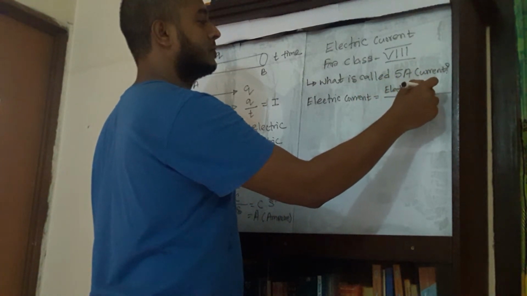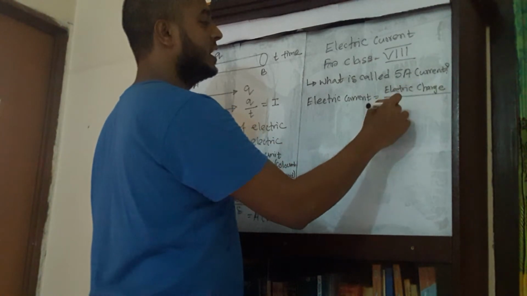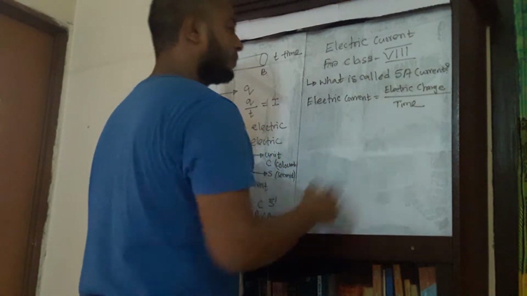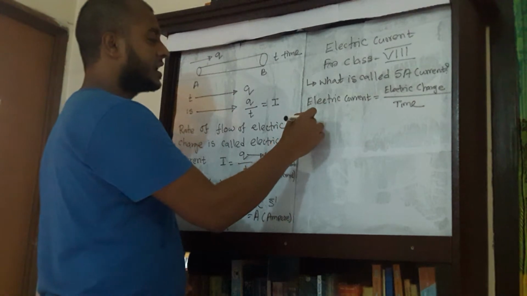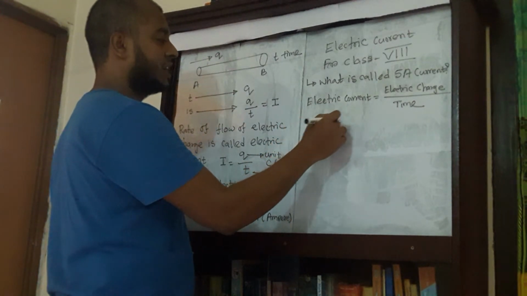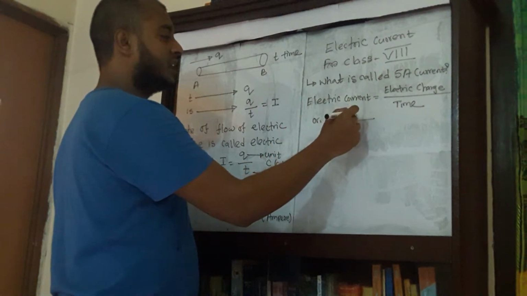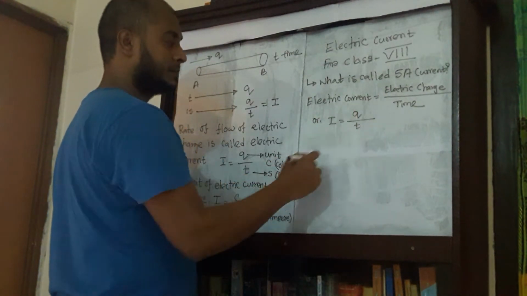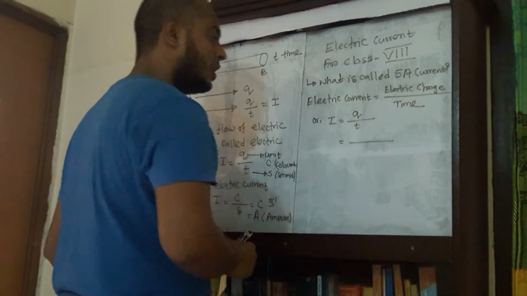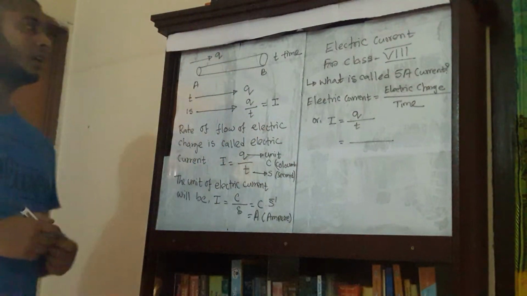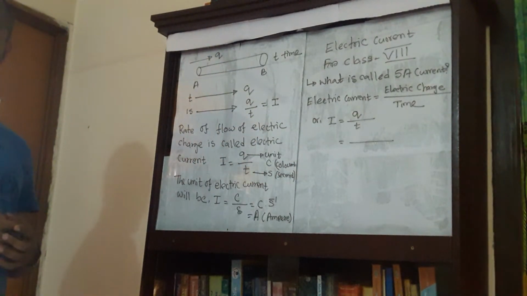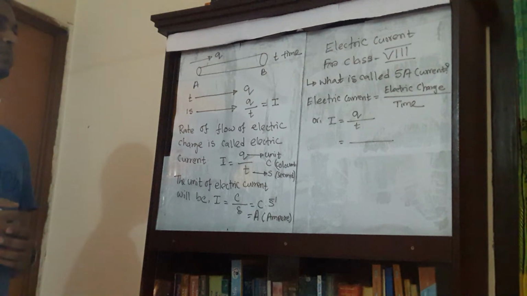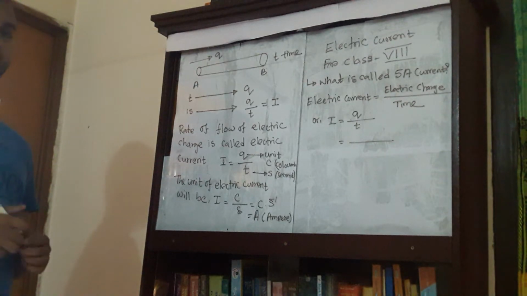Before explaining this 5 ampere current, electric current will equal electric charge divided by time. Electrical current is represented by capital I, electrical charge is capital Q or small q, and time is T. Now, the division here must be 5 ampere.